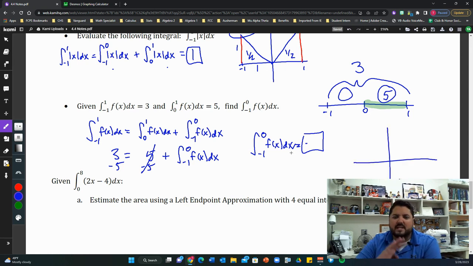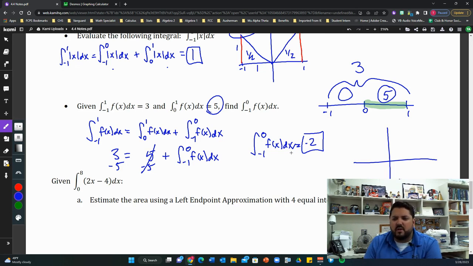So just an example of what this graph could look like. Now, the first part, or I guess technically the second part, from 0 to 1 is +5, and we just found out that the first part, -1 to 0, is only -2. So that means part of the curve must be below the x-axis, the other part is above, but the part that is above has a much larger area. 5 is bigger than 2.